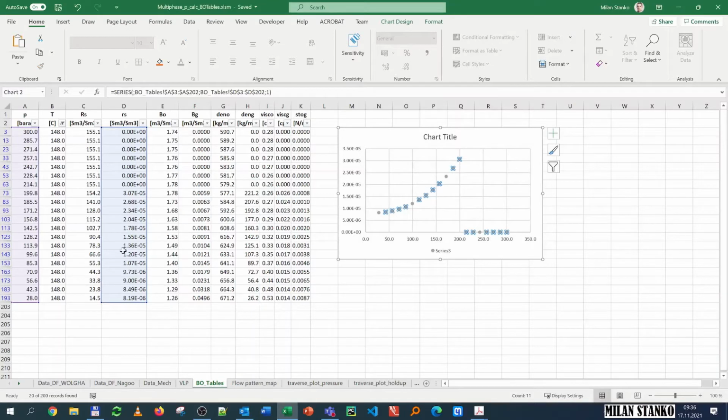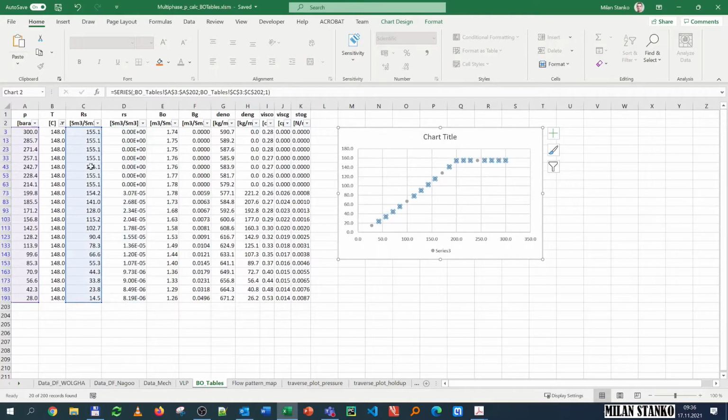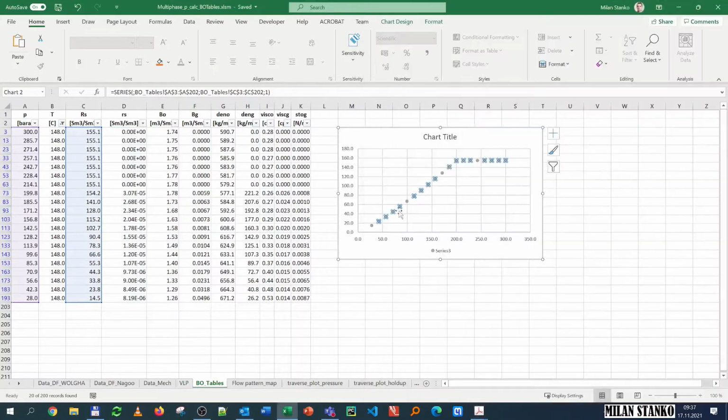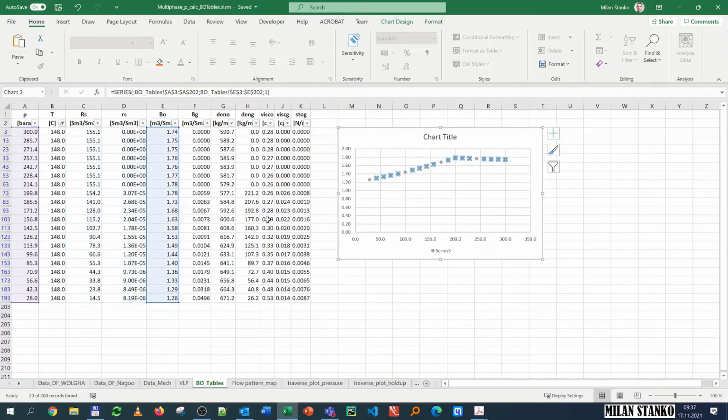Then we maybe see the RS. If it's an oil, then the RS should flatten out. Okay, so then you have that shape, which is consistent with what we expect of the RS. And then we can, for example, look at the BO. Okay, the BO should go up and then should go down because here it becomes liquid.